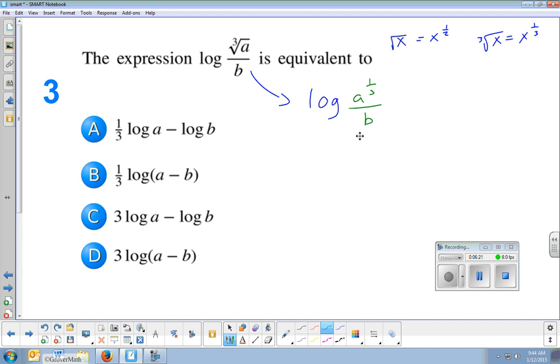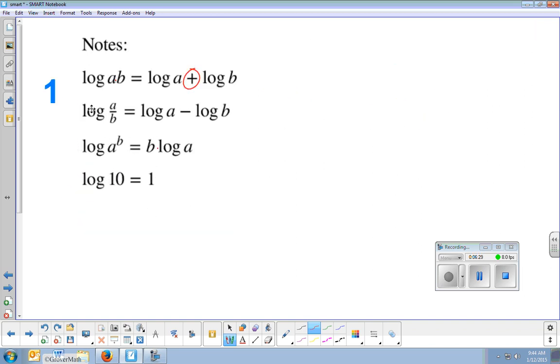And so now I'm going to deal with this. All right, the division of logarithms can be expressed as a difference of logarithms, and that's what we see in our second property here. Log a divided by b, or a fraction, which is division, can be split up as a difference of the logs, where it's your numerator minus the log of the denominator.